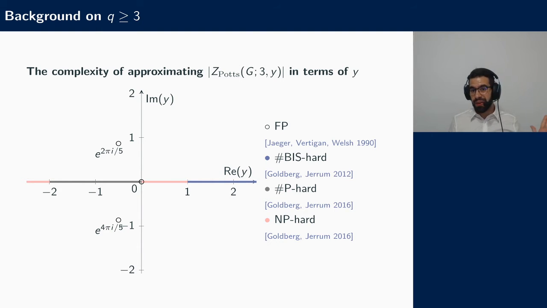Everywhere else on the real line, the problem is NP-hard, and actually one can show #P-hardness when the edge interaction is between 1 minus q and 0. In this case, I'm plotting only the case q equals 3, so this 1 minus q becomes -2, but the picture would be essentially the same one for larger values of q.